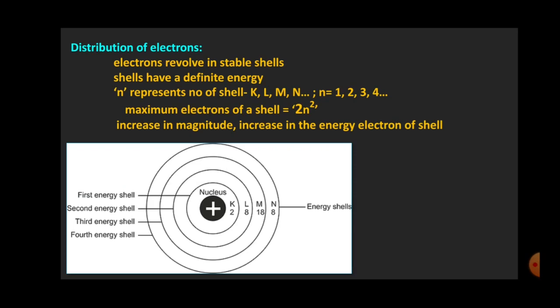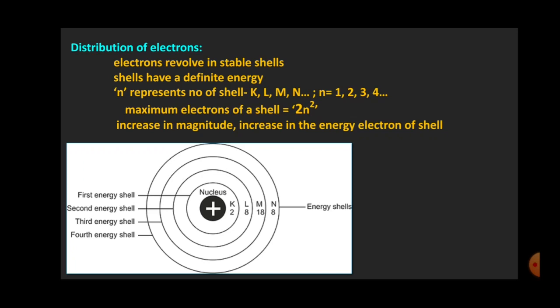So with this revision, let's continue with the next topic, distribution of electrons. Now, how are these electrons distributed in the atoms? As I said, these electrons revolve around the nucleus in their own orbits.